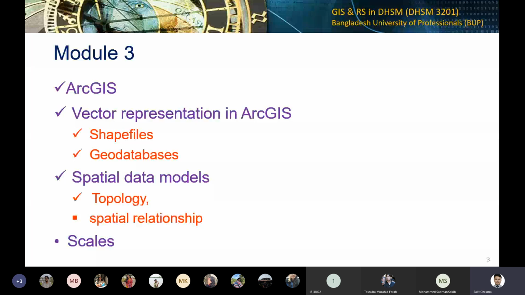So now we are talking about scales, the final topic of module 3. But before we talk about scale, I would like to write down something to draw an outline of the things that we are going to discuss today.